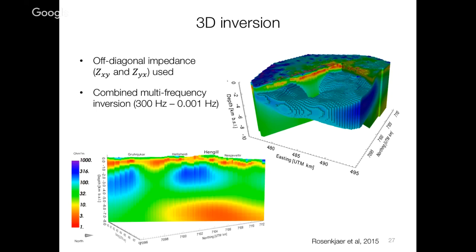This is an interesting image. It's like somebody took a cross section out of a 3D conductivity model, and then the rest of it has been volume rendered to produce this region of high resistivity. So that's that resistive core.